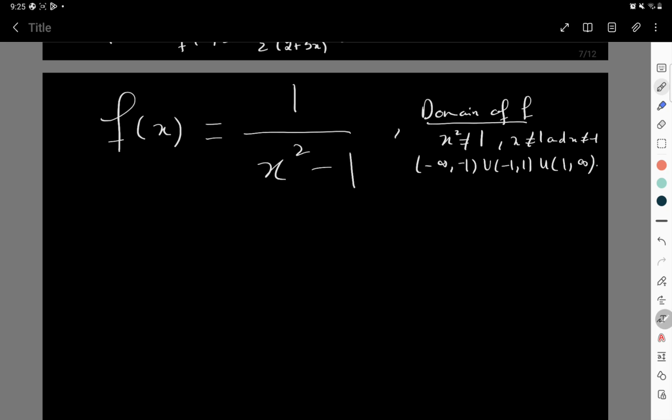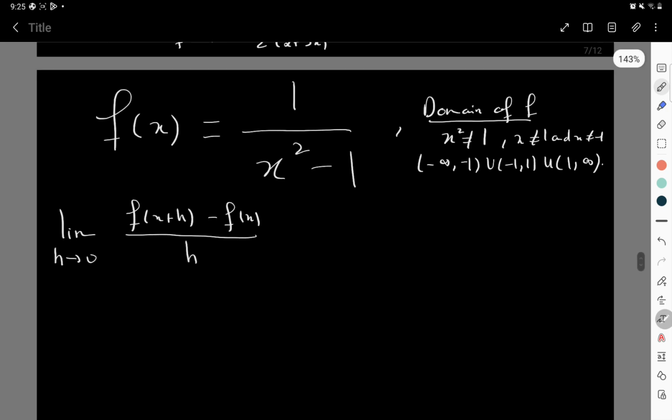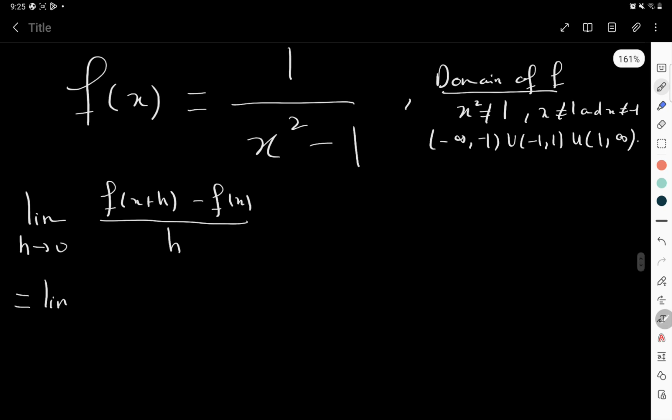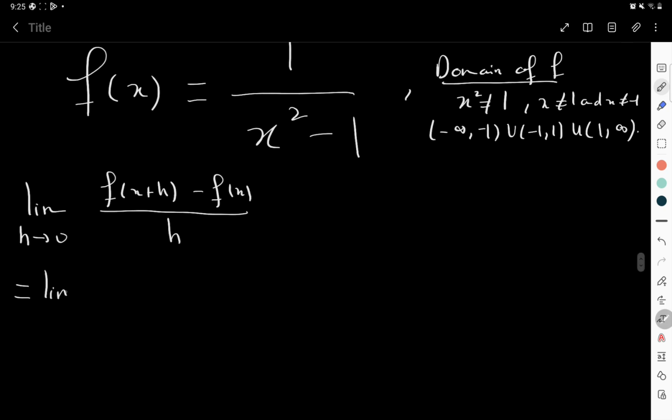Now here let us find f prime of x using the definition. f of x plus h minus f of x over h. Great, of course, here x is different than 1 and different than minus 1. Let me get this bigger. Very good. As it goes to 0, let's see.